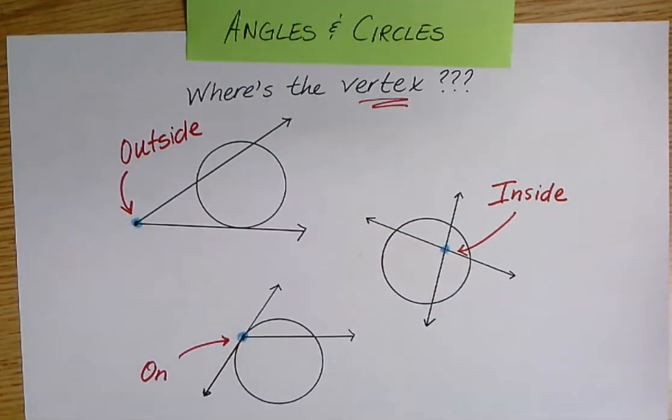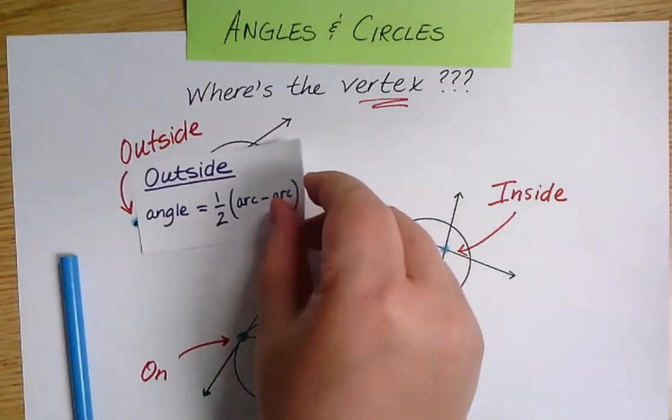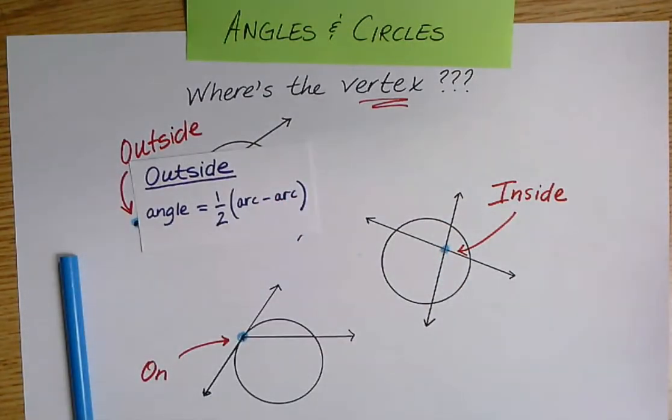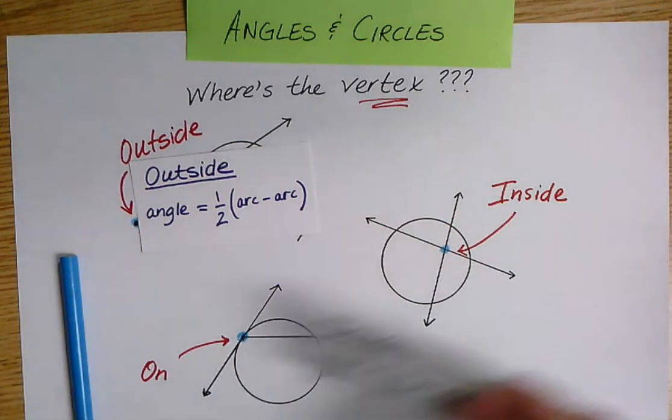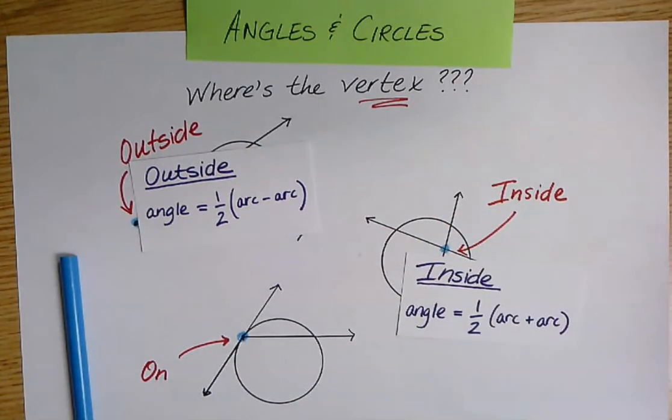And it turns out that there's basically a formula we can use for each one of them that tells us how the angles and the arcs interrelate, okay? Here is the one for outside. Here is the one for inside. And here is the one for on.